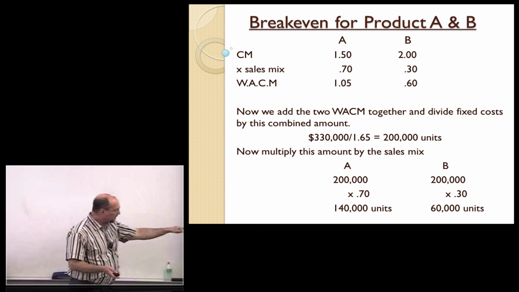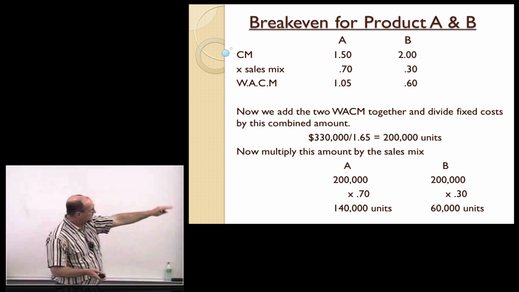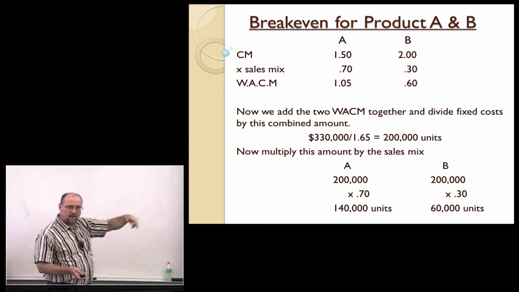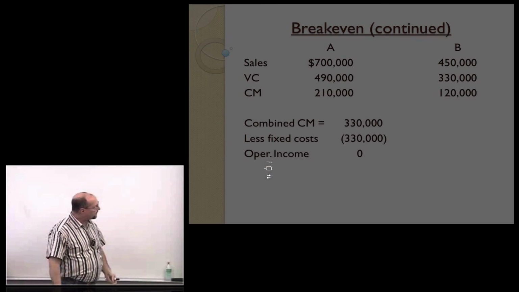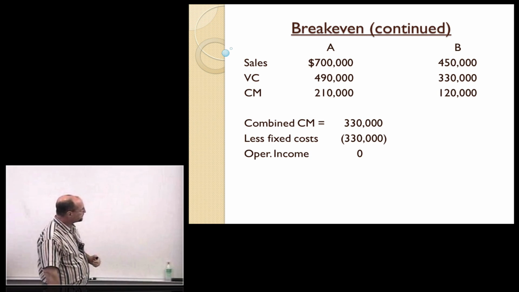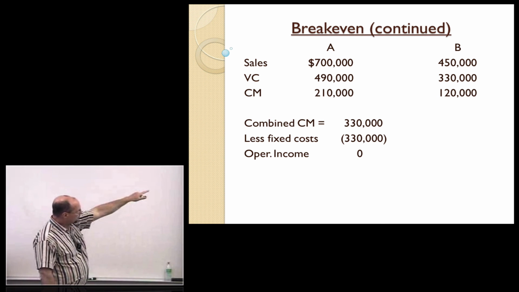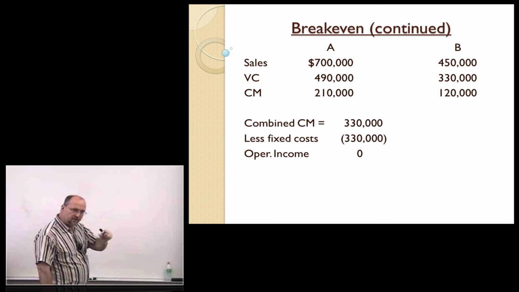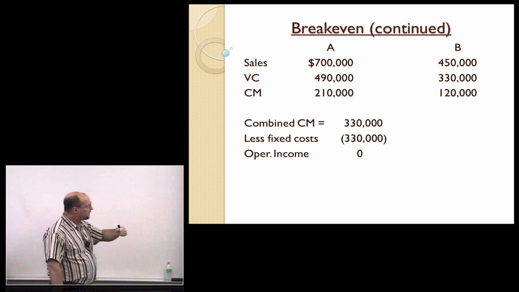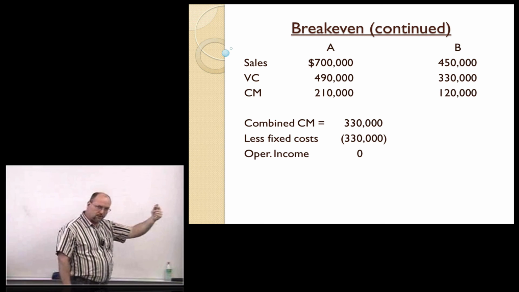And if we were to plug these in and multiply the number of units times the sales price, variable costs, etc., we would see that we do in fact break even. In fact, here it is. Total sales for A, that's the break-even units times the sales price per unit. Variable cost per unit times the units sold at break-even.